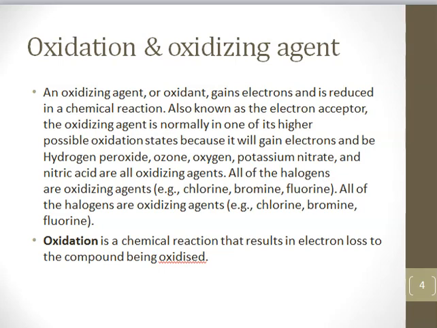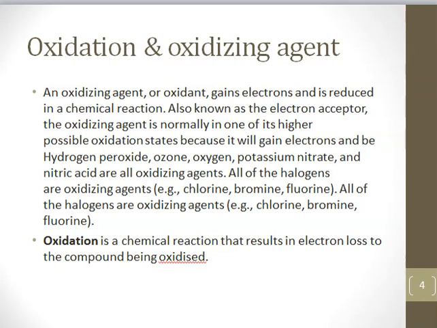In short, we may say that the oxidizing agent is the electron acceptor. Normally the oxidizing agent is the one in the highest possible oxidation state, because in a highest possible oxidation state, it will gain electrons easily.